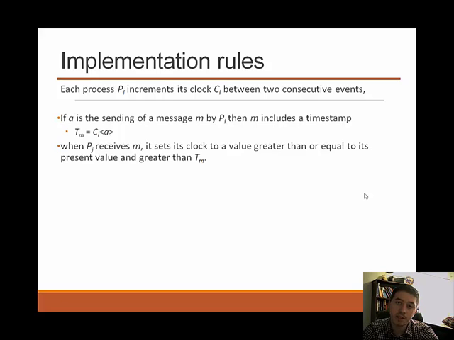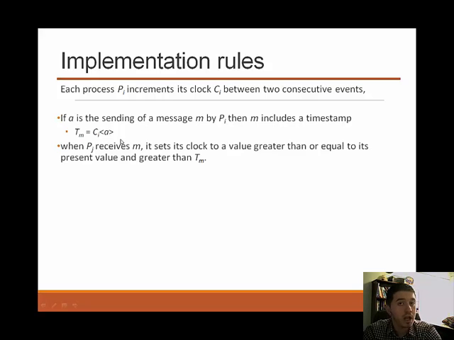If A is the sending of a message M by Pi, then M includes a timestamp. So when a process sends a message to the other process, in that message it should include a timestamp, which is Tm in this case, and it's equal to Ci of A.